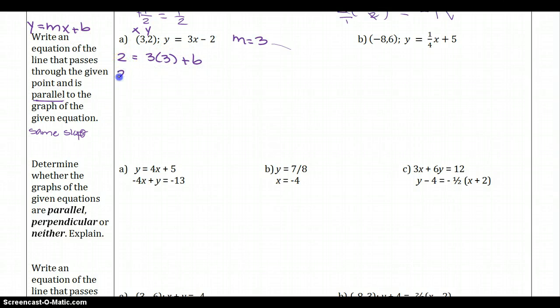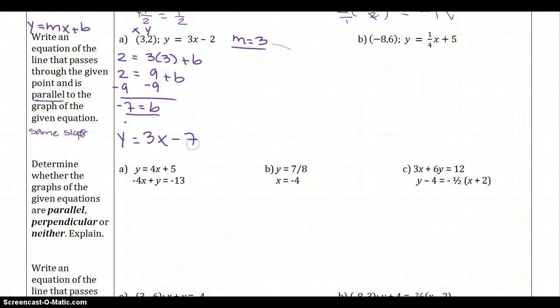We've got to find that out. So 2 equals 9 plus b. Let's subtract 9 on both sides. -7 is equal to b, and I know that my m was 3. So now I have everything I need. y equals, instead of mx, 3x plus b, which means -7.